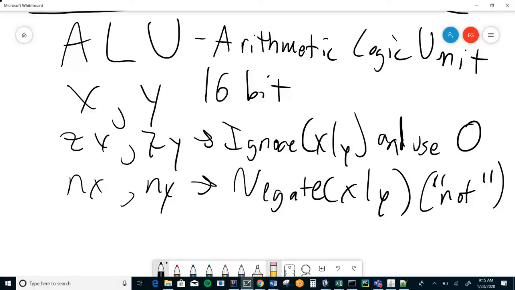So let's walk through this. It's not just ignore, it's ignore and use zero. So let me rephrase the question. What would have more utility? Zeroing and then negating, or negating an arbitrary input and then zeroing? Yeah, Paxton. Zeroing and negating, because if you want all zeros, you can just zero it.